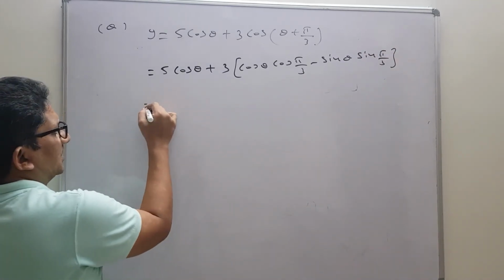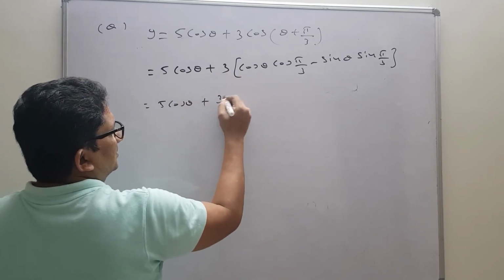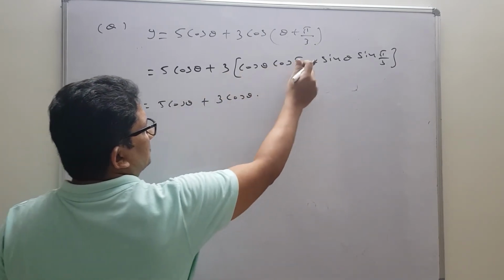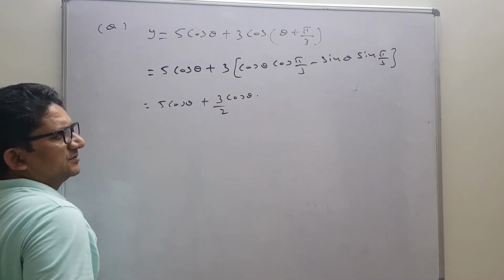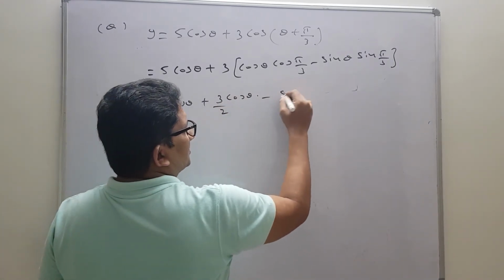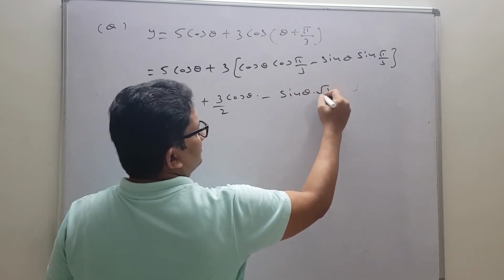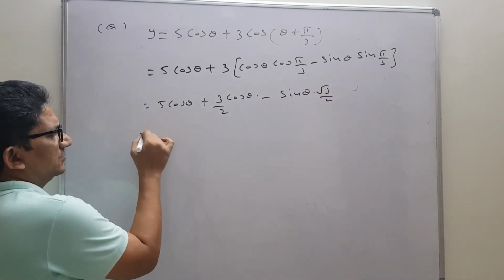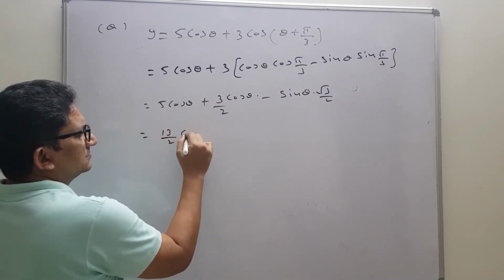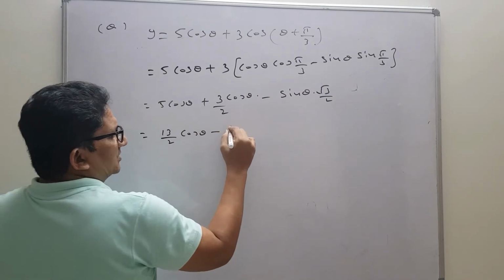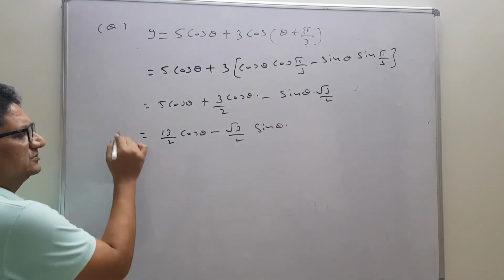Now we can write it as 5 cos theta plus 3 into cos theta into cos 60. Cos 60 is 1 by 2. So we can write it as 3 by 2 cos theta minus sin theta into, sin 60 is root 3 by 2. So now 5 plus 3 by 2 is 13 by 2 cos theta minus 3 root 3 by 2 sin theta. So this is your function now.